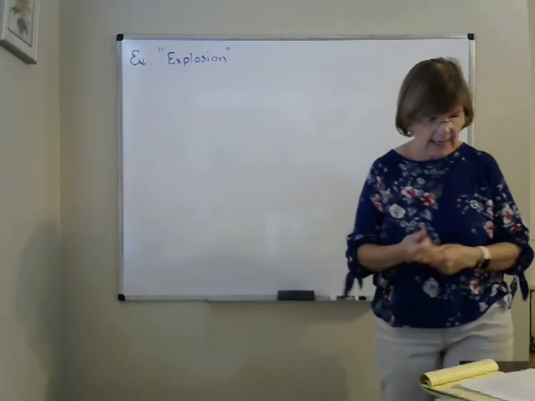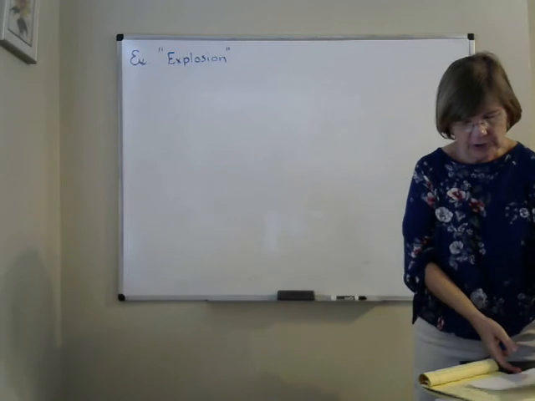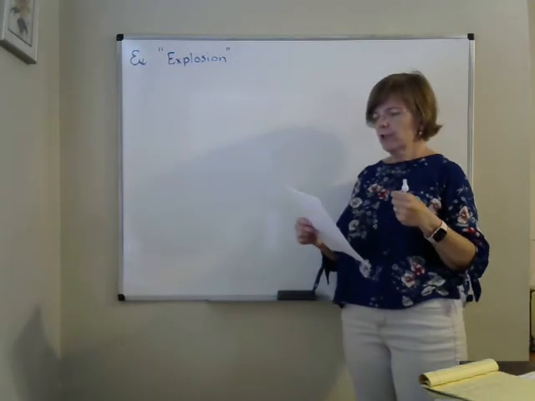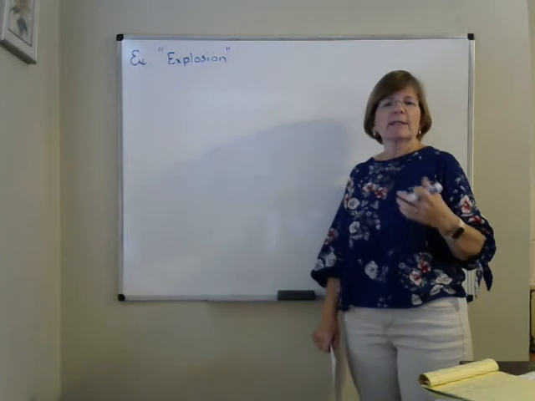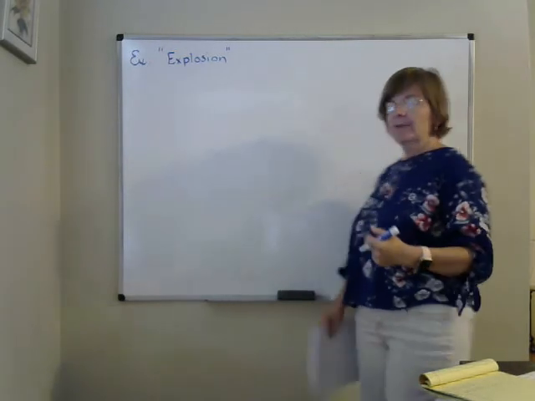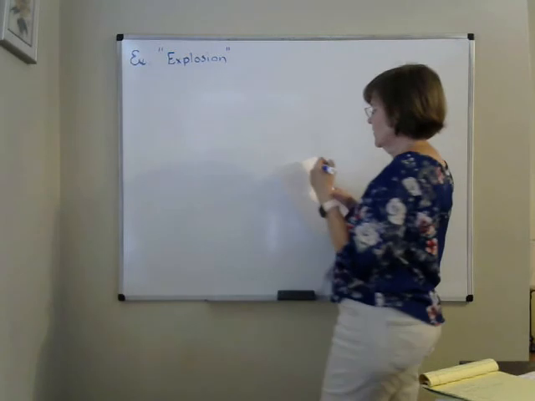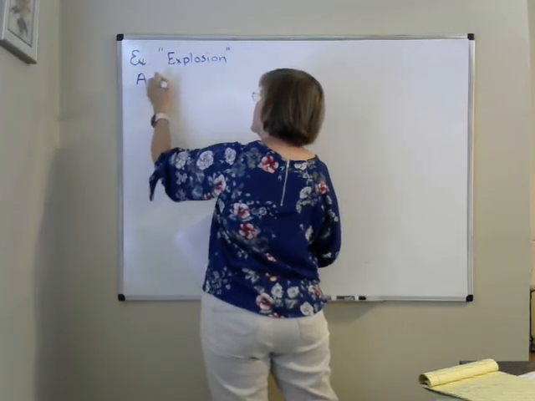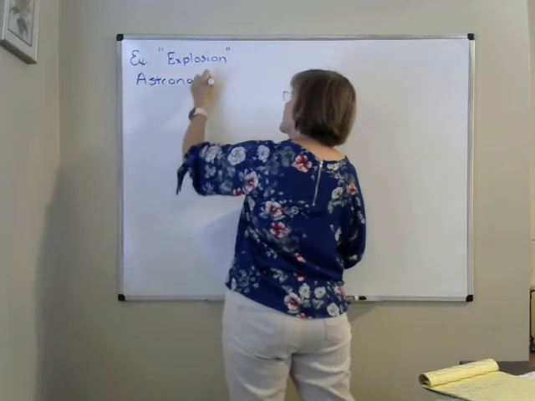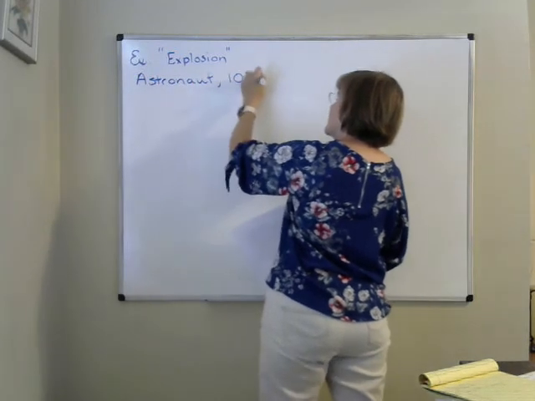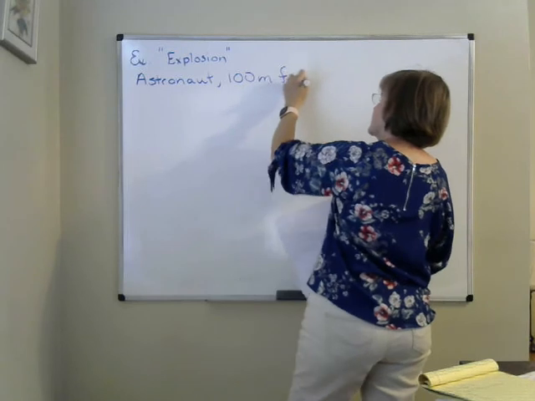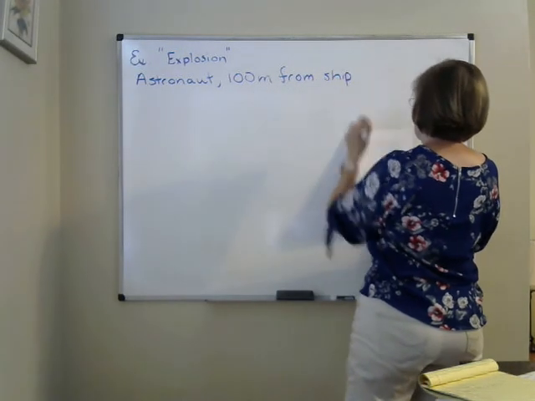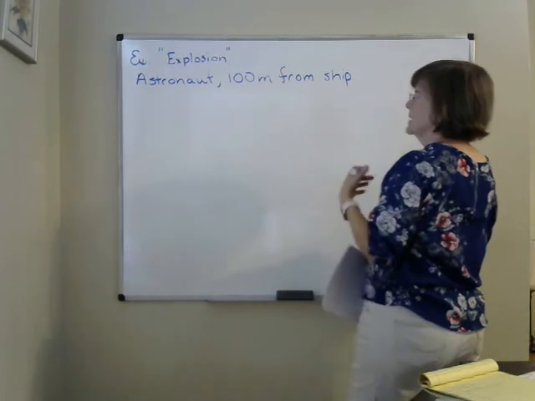So in this case, we have a situation of an astronaut who is 100 meters away from her ship when she becomes untethered. I think we've seen that in the movies. So, we have an astronaut. She's 100 meters from the ship. She becomes untethered.